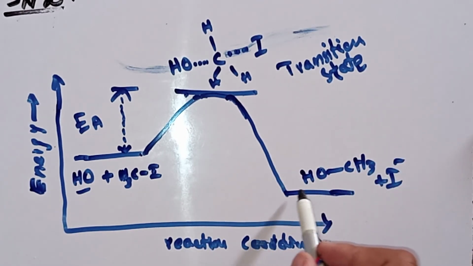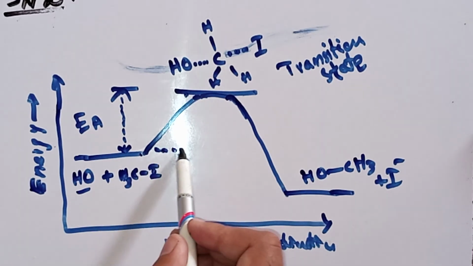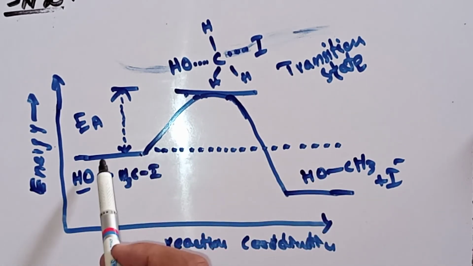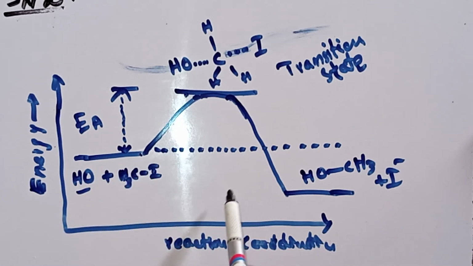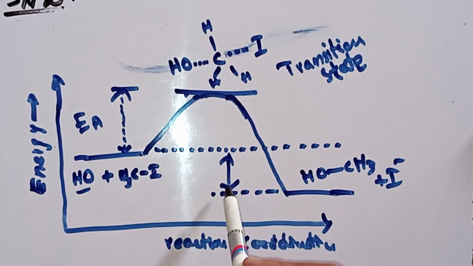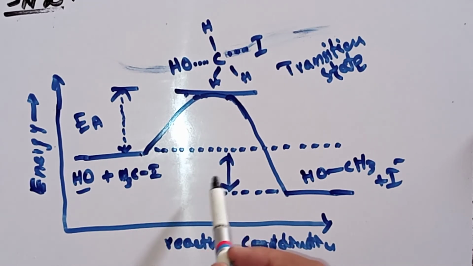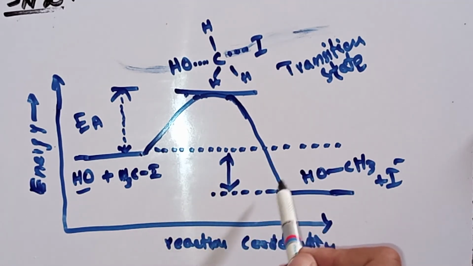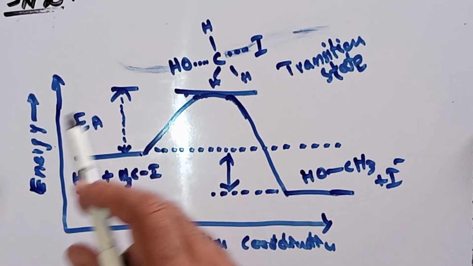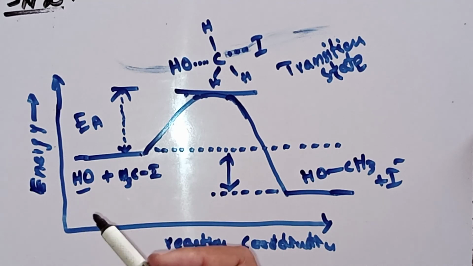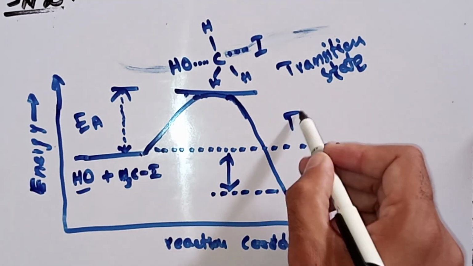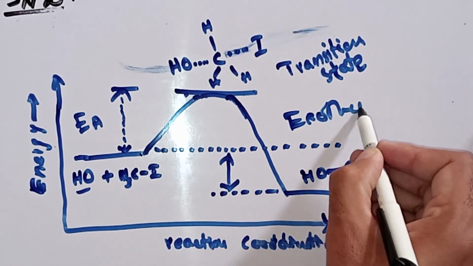So the energy difference between the initial position and the final position is negative. It means that the energy of the system is lost to the surrounding. That's why SN2 reactions are called exothermic reactions.